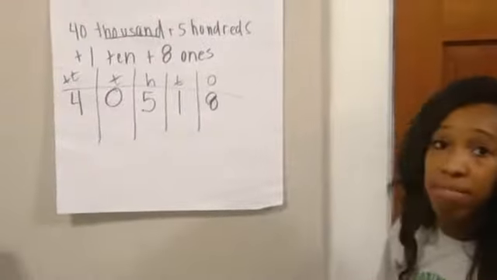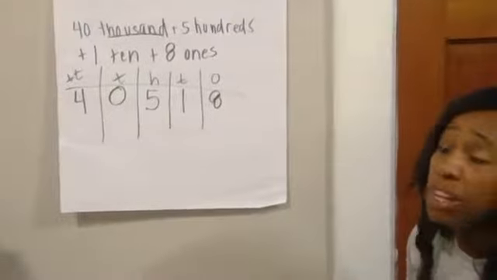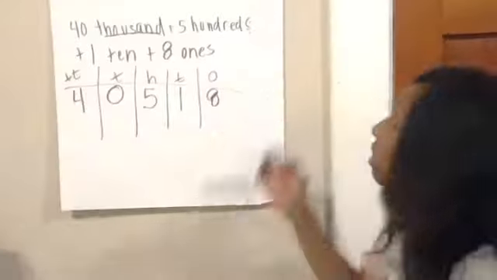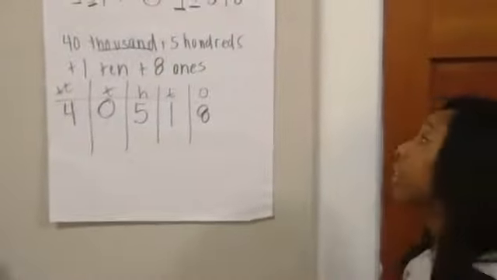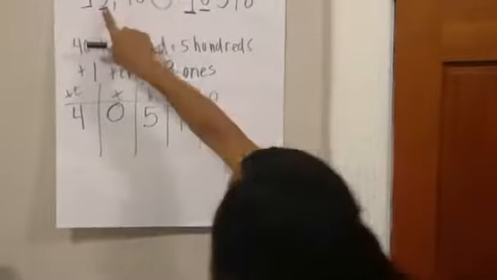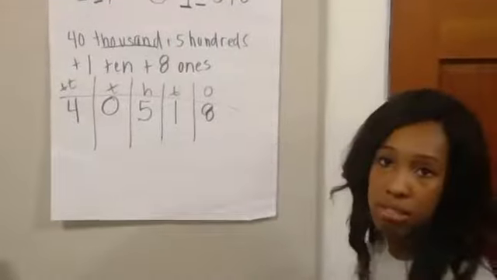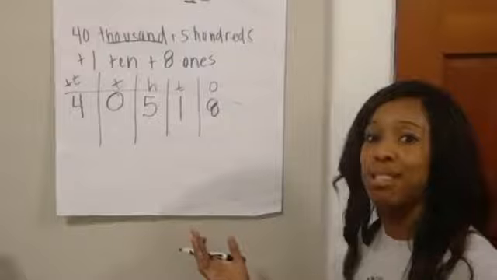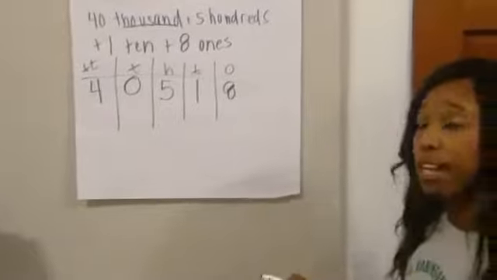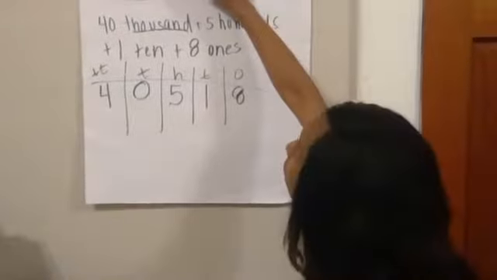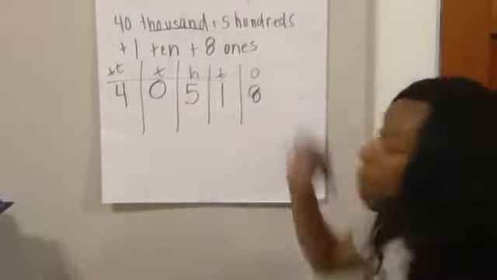Well, guess what? Neither of them is greater, those are equal. So that's not going to help us determine which of these numbers is greater. Let's go to the next number. Let's compare the 5 and the 0. What is bigger, 5,000s or 0,000s? 5,000s, right? If 5,000s is bigger, then this whole number is greater. So my alligator always wants to eat the bigger number.